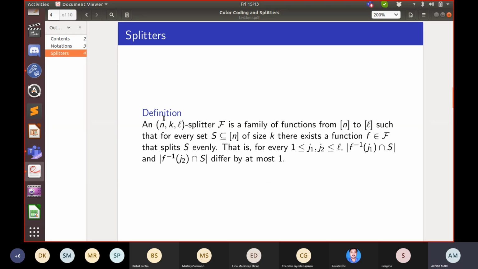You can read this definition for one minute. The definition is quite simple, so I'll read it again in case someone didn't get it.